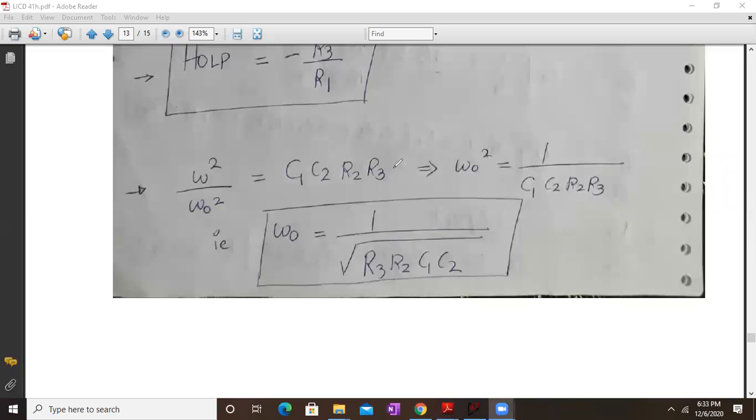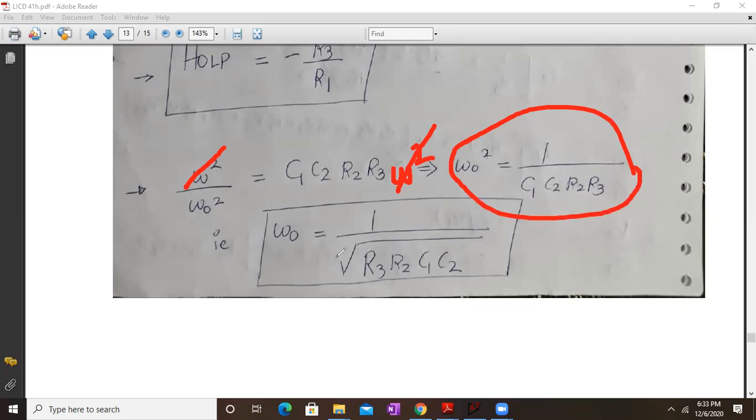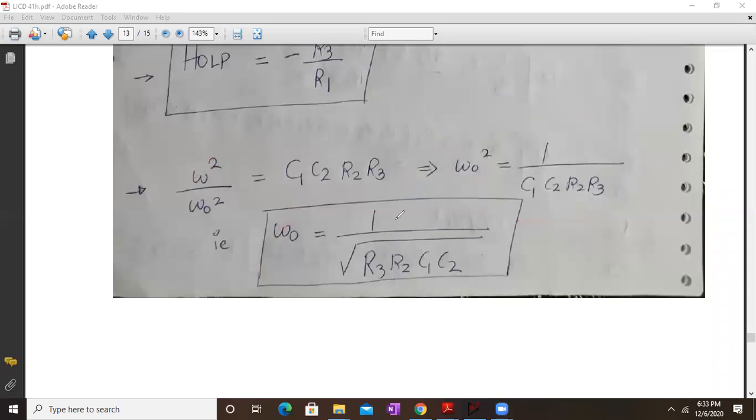So over here also you should have omega square, so that you can cancel this term and this term. So omega naught square will be 1 upon C1 C2 R2 C3. Finally you will get omega naught is equal to 1 upon square root of R2 C3 into C1 C2. Okay, so those are the values which we are getting.